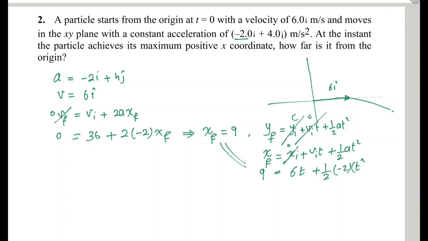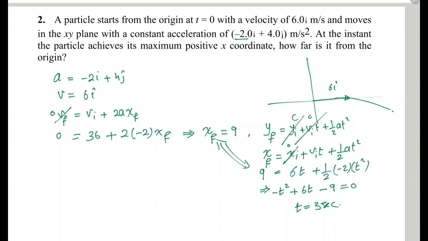This one here we just calculated from this one here. You solve this quadratic equation and you will find minus t square plus 6t minus 9 equals 0. You solve this one here, t will be equal to 3 seconds.